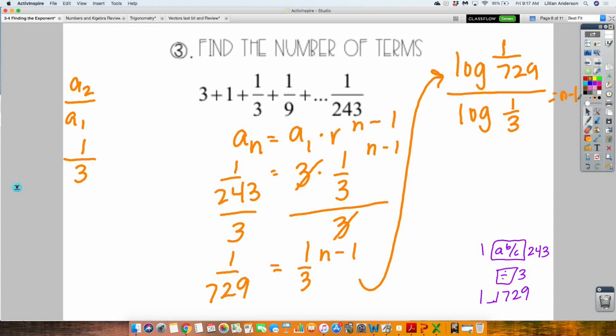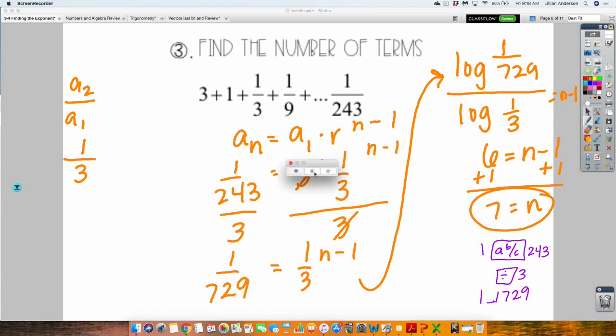So again, this should be a whole number when you do it, and the whole number should be 6. So 6 equals n minus 1, add 1 to both sides, and n equals 7. This is how you use logs to find the number of terms, how to find the variable when it's in the exponent.